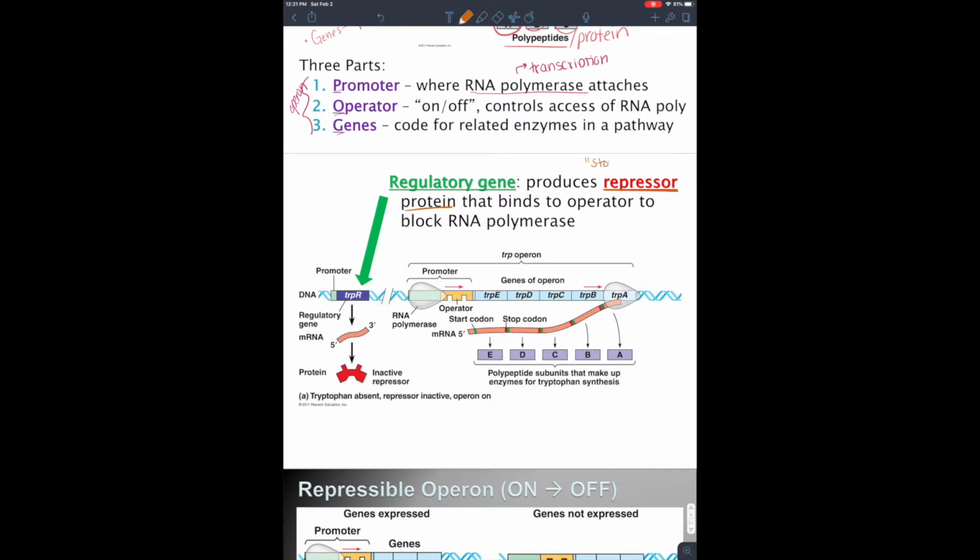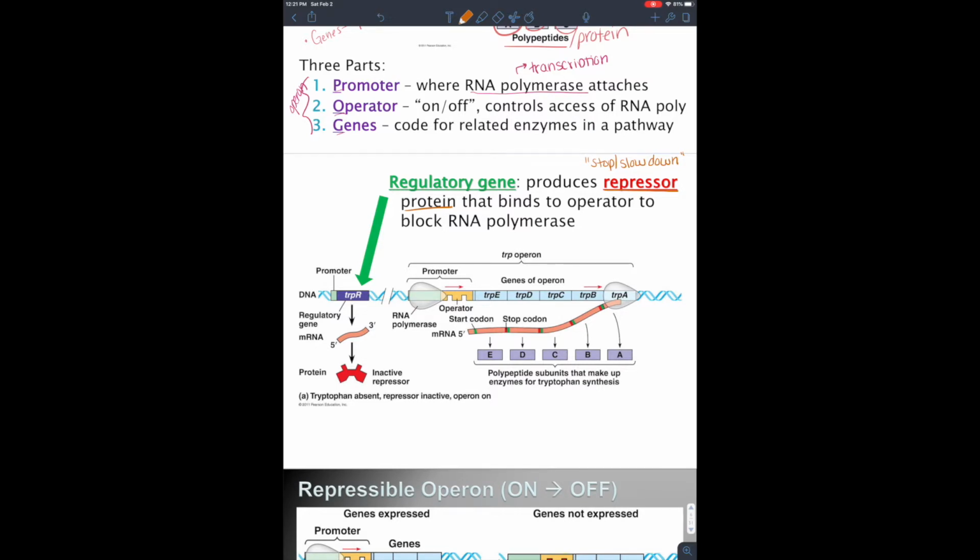Repressor, you can say stop, you can say slow down. So when I say I'm going to repress the amount of transcription that a gene is going to experience, I'm going to lessen the amount it's going to do. So these regulatory genes, they're going to produce a repressor protein.